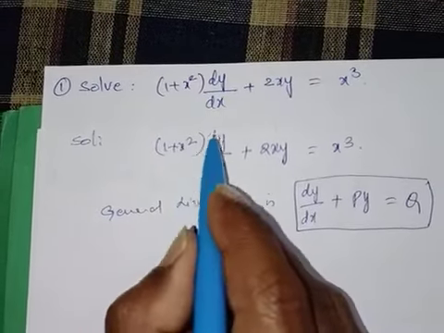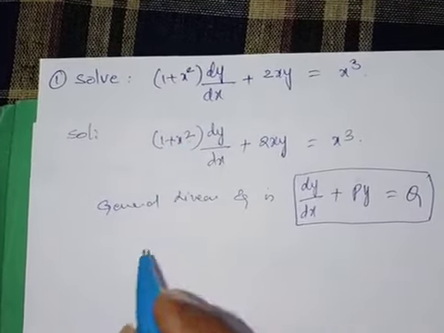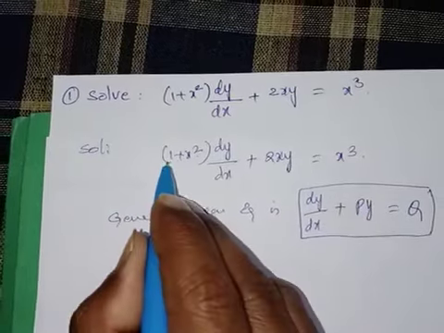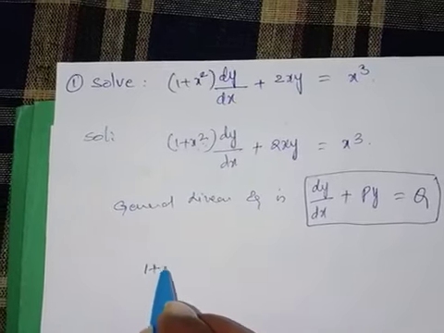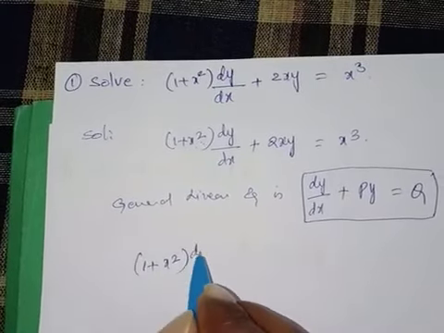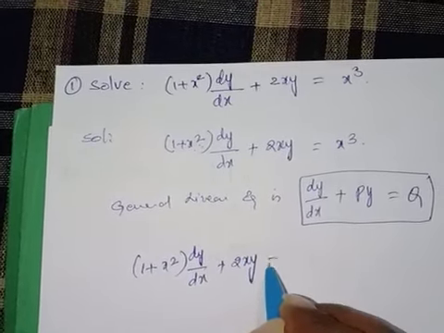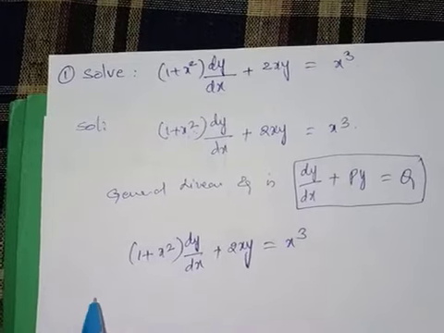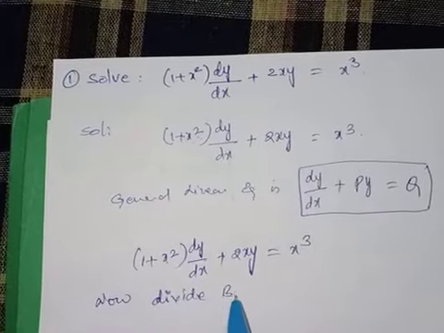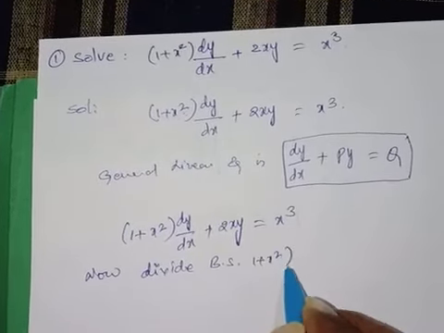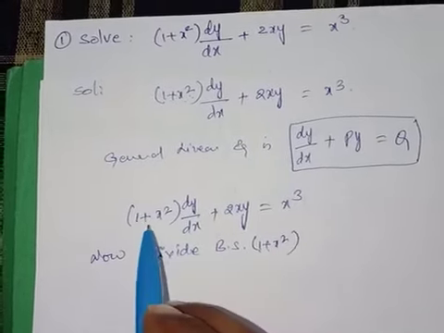For that, here dy/dx is multiplied by 1 + x², so divide both sides by 1 + x². Write down the given question: (1 + x²) dy/dx + 2xy = x³. Now divide both sides by 1 + x². Why are we dividing?